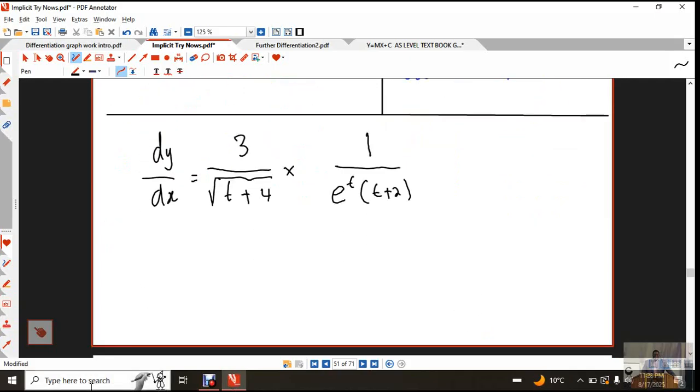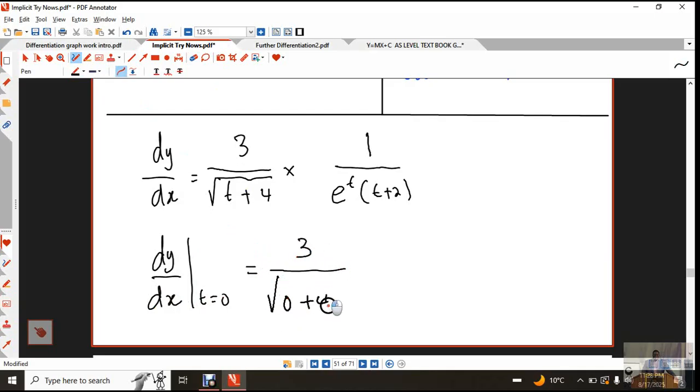So what we need to find is the gradient of dy/dx at the point where t is equal to 0. That is going to give us 3 all over the square root of 0 plus 4, times 1, remember t is 0, e to the 0, and then 0 plus 2.